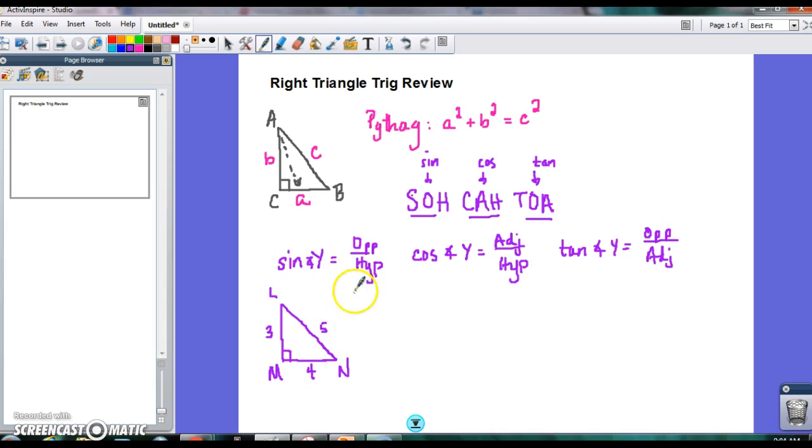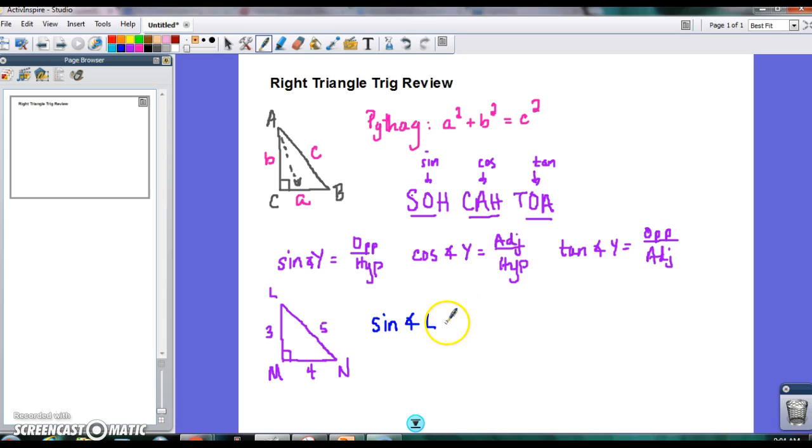Let's say I'm talking about the sine of angle L. I shouldn't say it doesn't really matter: we only do these ratios on the acute angles, not on the right angle. That's a different animal, and we'll get into it eventually. But we only do it on the acute angles.